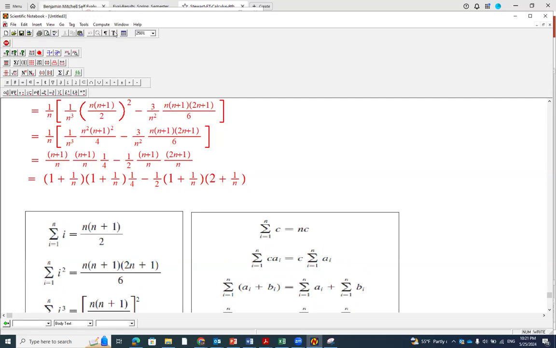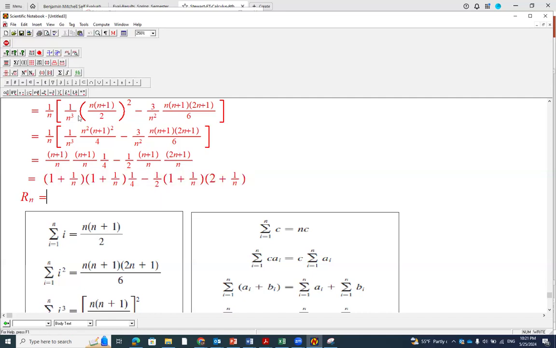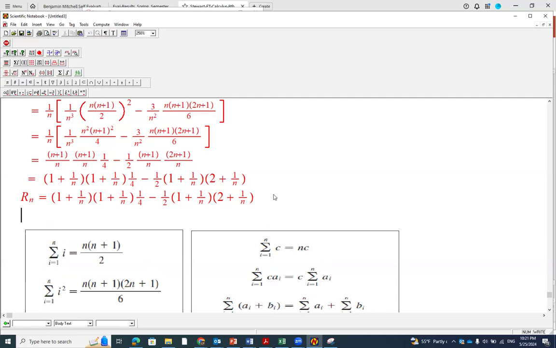This time the Riemann sum is R_n. Step 4 has 2 meanings, right? For our choice, we have chosen the right endpoint. And secondly is for Riemann, okay? So step 3, we're going to take limits.